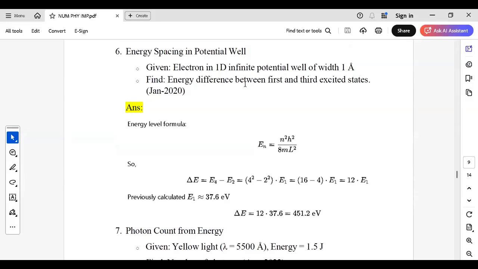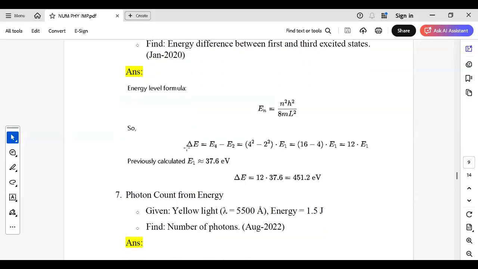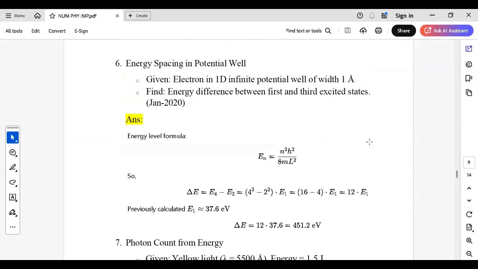So we have to find the difference, meaning E4 minus E2. To get E4 minus E2, we are going to substitute n value once as 2 and another time as 4, right? And width is anyway given. So we are just going to substitute and find. Once you calculate, you will get E1 and E2 and E4 value, and then substitute, you will get 12 times E1, right?